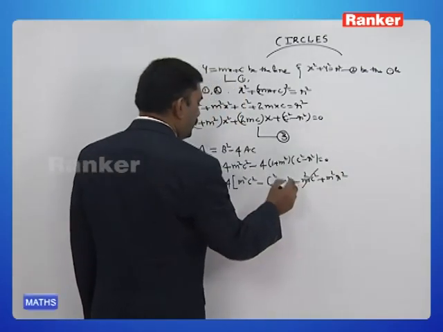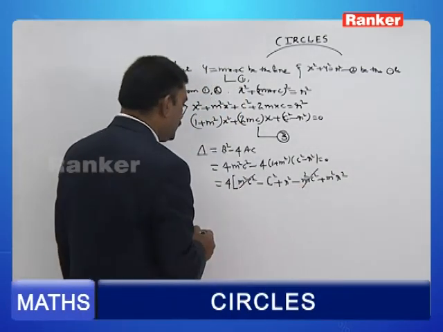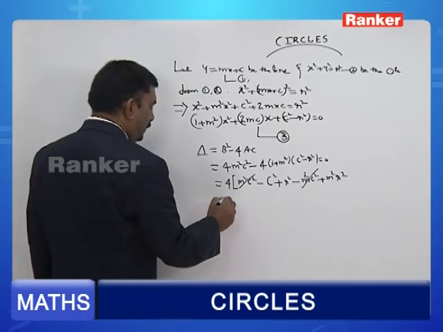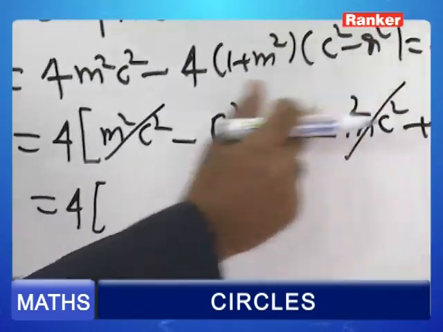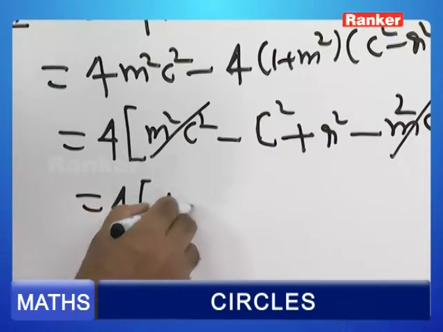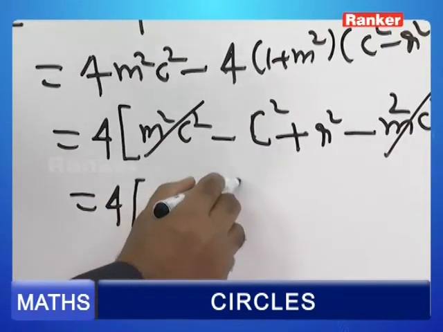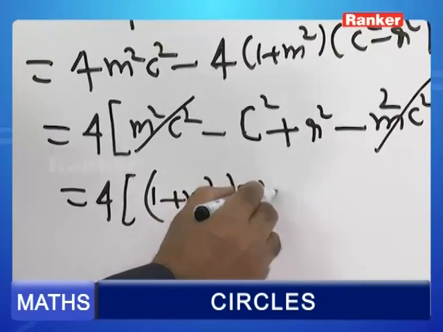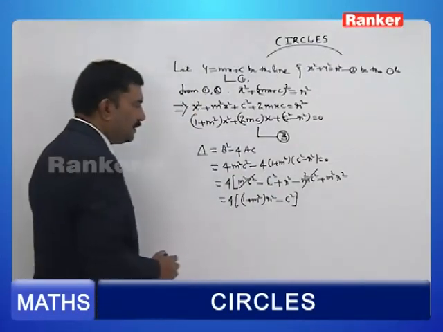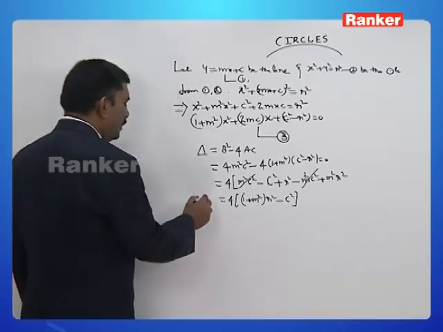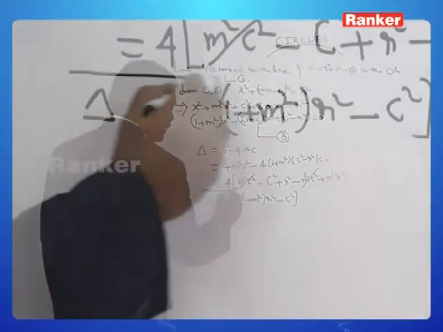Now the m square c square terms cancel. Therefore we are left with r square and m square r square. You can take out the common factor: 1 plus m square into r square, minus c square. This is called the discriminant.